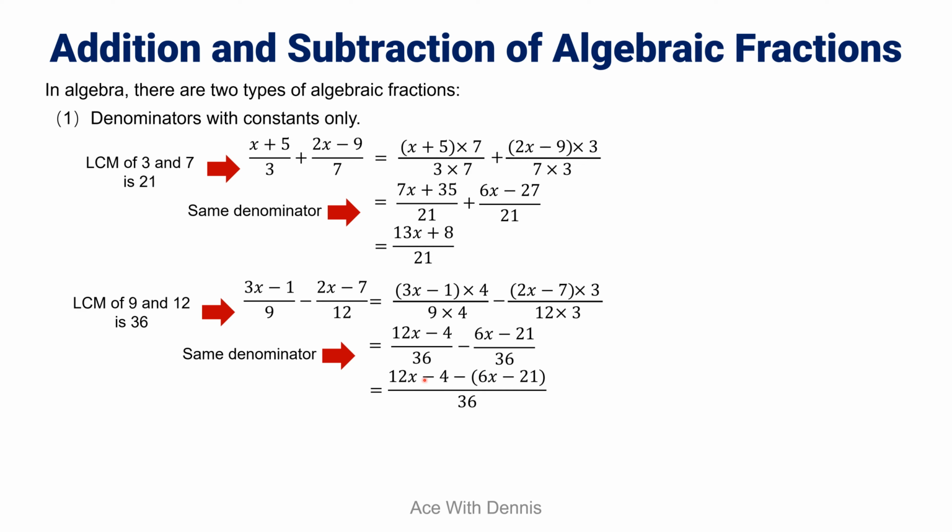When we subtract, we have to put a bracket: 12x minus 4, minus the bracket 6x minus 21, over 36. Then we expand the bracket. We will have 12x minus 4 minus 6x plus 21 over 36. 12x minus 6x gives 6x, negative 4 plus 21 gives positive 17, over 36. So this will be our answer.